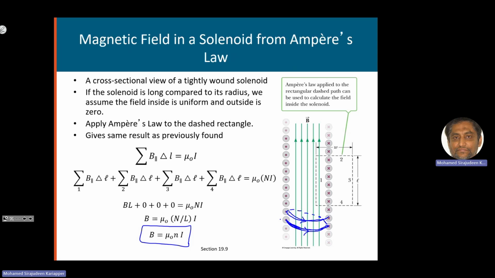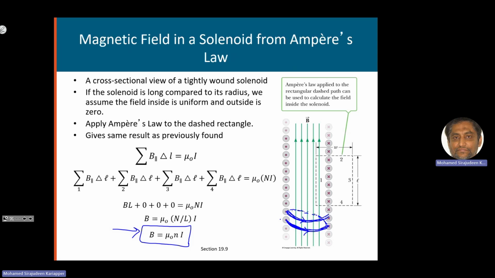So we are going to use Ampere's law to get this expression for the magnetic field inside the solenoid. This is a cross section of a solenoid, that's this picture. You can see the current is coming out, jutting out of the screen, and then it goes in this wire.